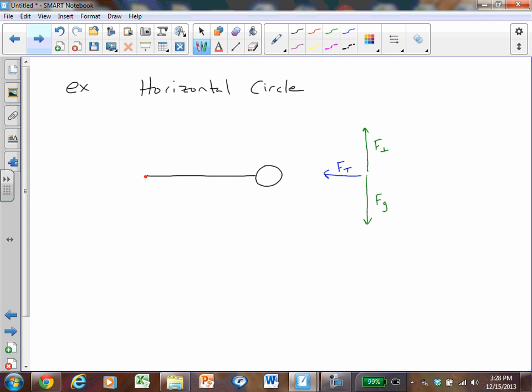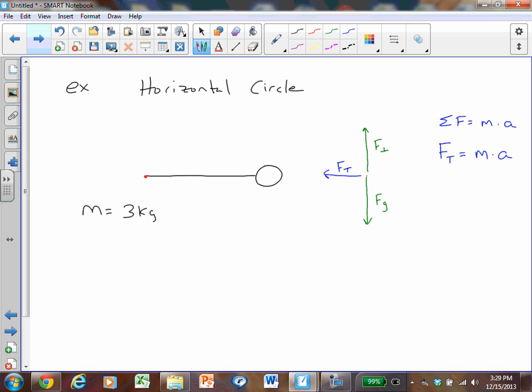In that case, the sum of the forces equals mass times acceleration, and the sum of the forces is just Ft, the tension. Let's suppose we're given some data. The mass of the ball is 3 kilograms.